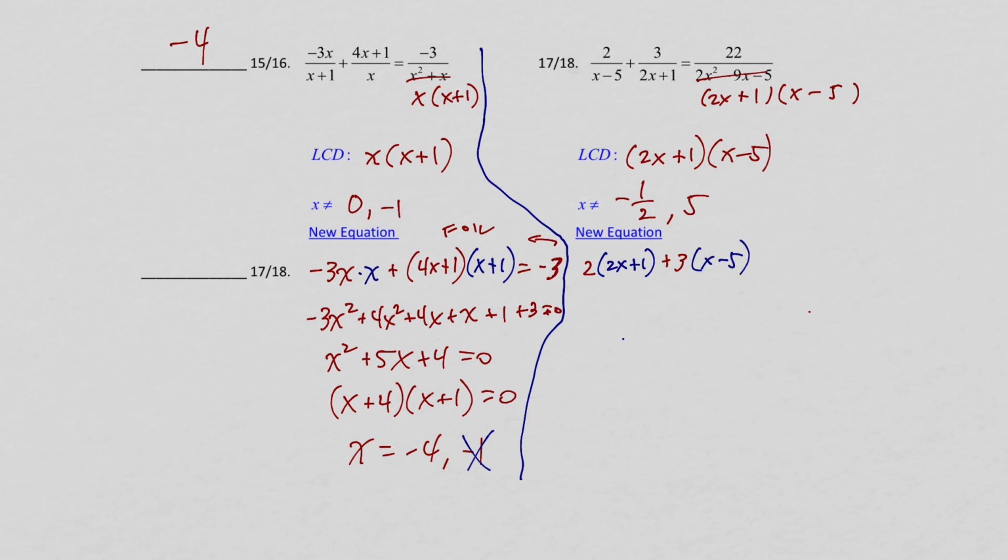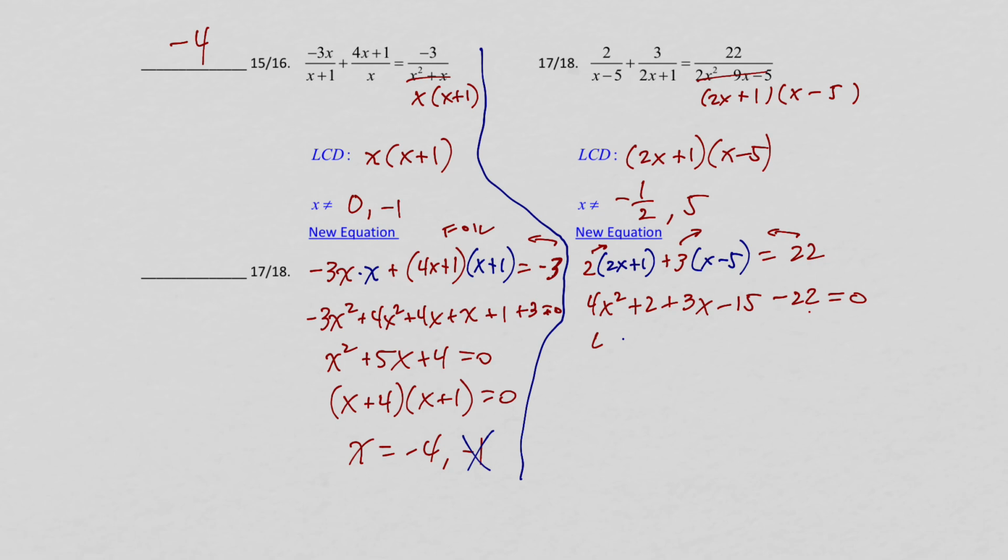And that's going to be equal to the numerator times what's missing from the denominator, and nothing's missing, so we don't multiply that by anything. So I'll take the 2 and distribute that and get 4x plus 2, take the 3 and distribute that, plus 3x minus 15, and then I'll move this over, and we have minus 22 equals 0.